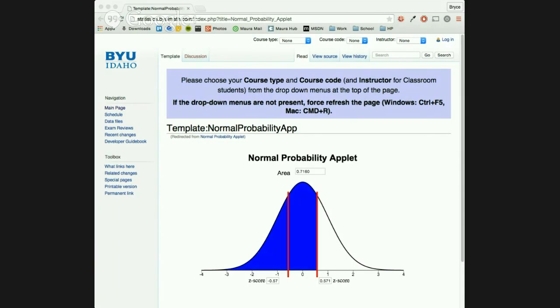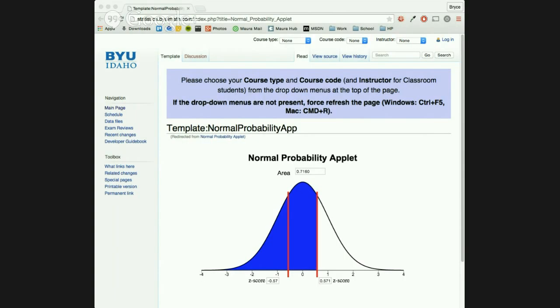Let's duplicate that. I think it is because the x equals the value, and I think the value is going to be the 35th percentile.